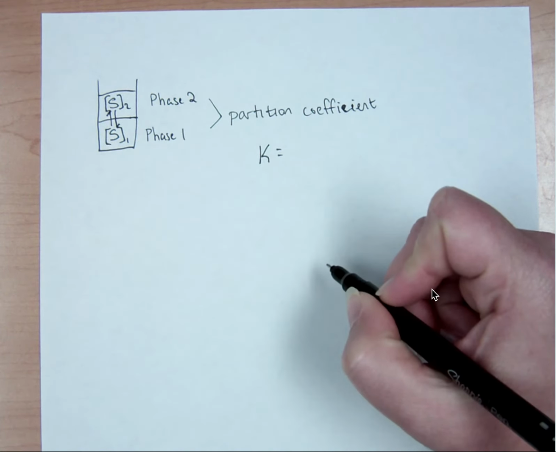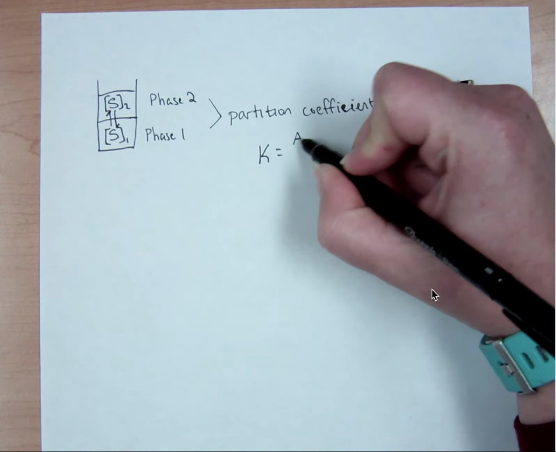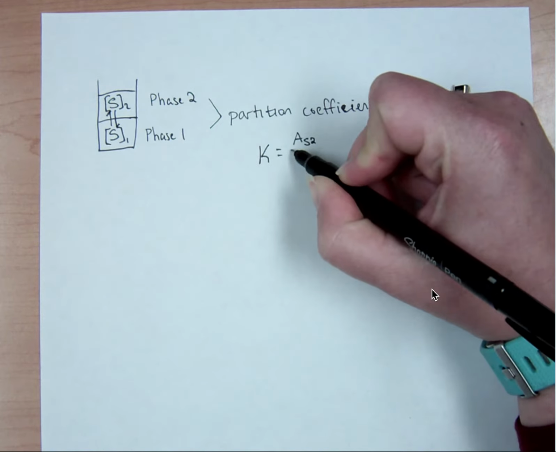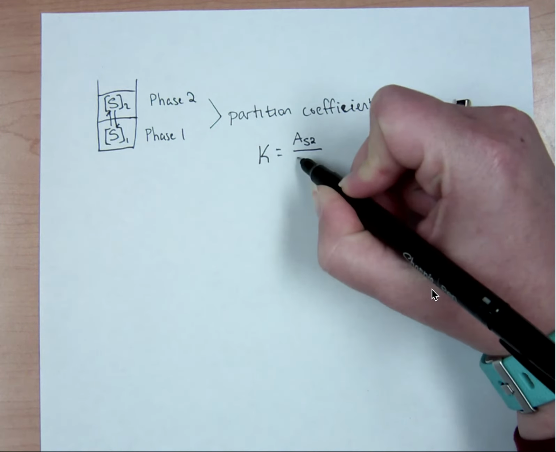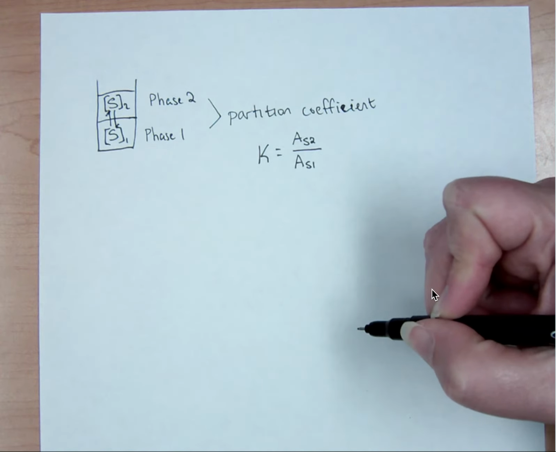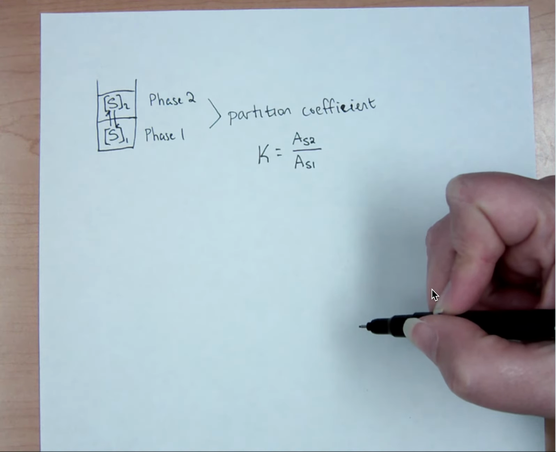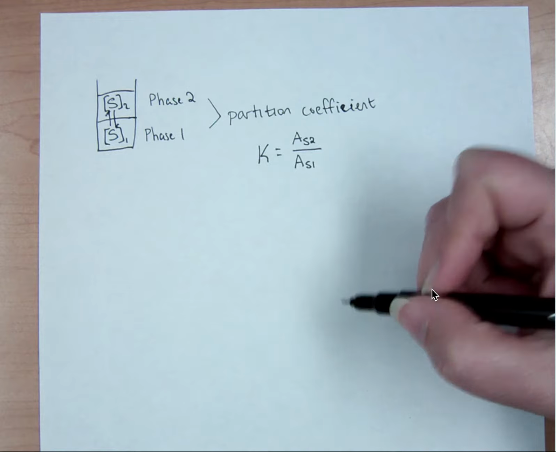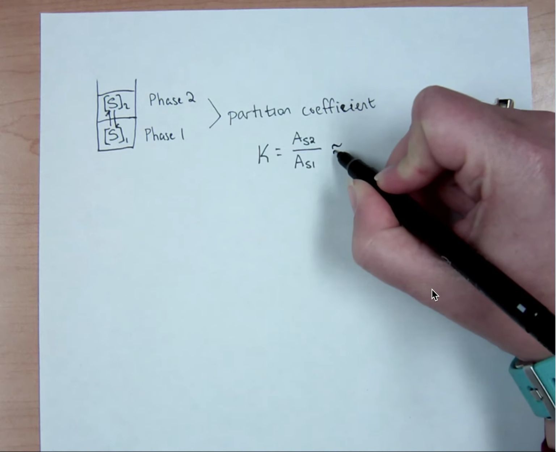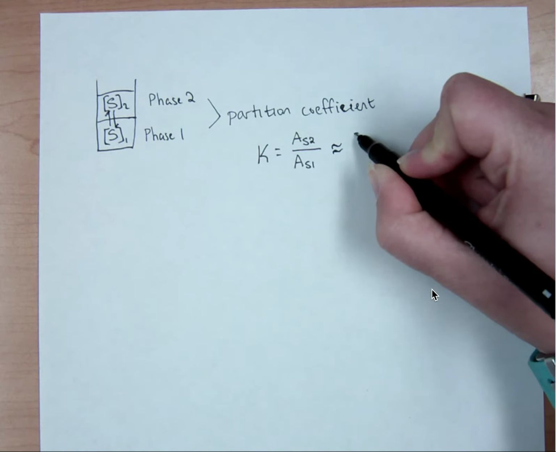Now, this K term is equal to the activities of our analyte in each of the solvents. So our analyte in solvent 2 relative to the activity of the analyte in solvent 1. And if we don't know activity coefficients, we can approximate this as concentration in each.